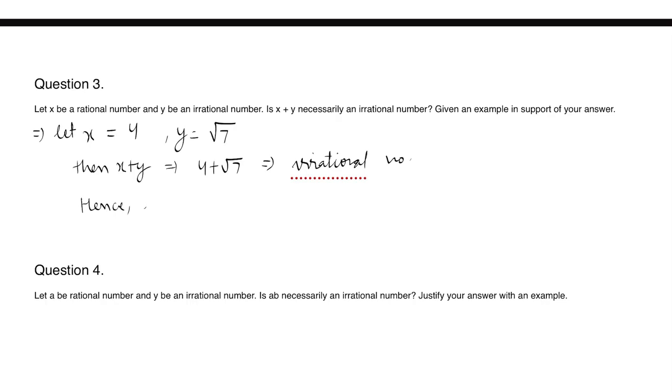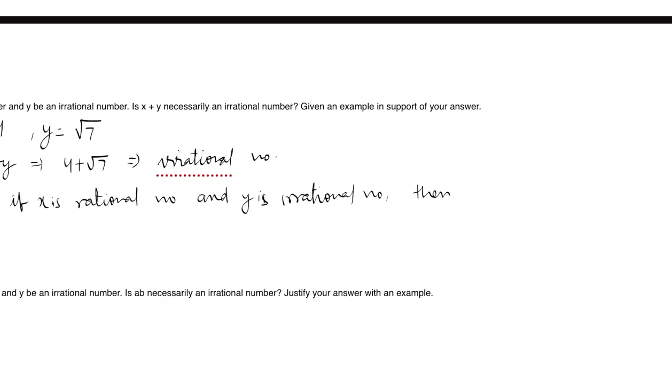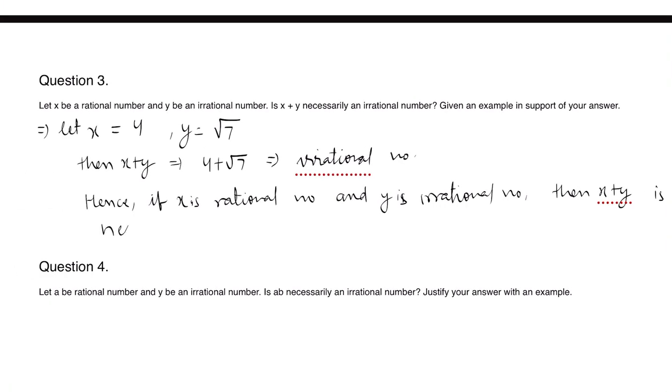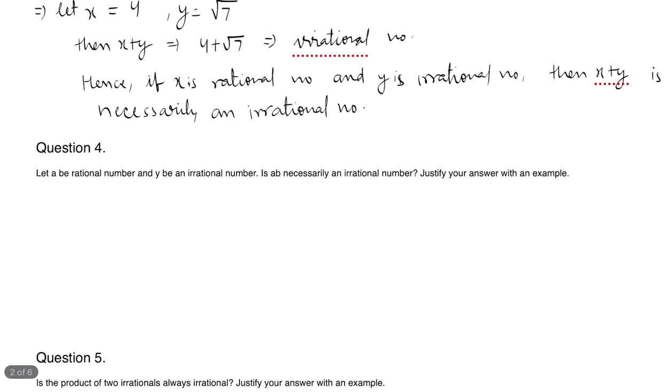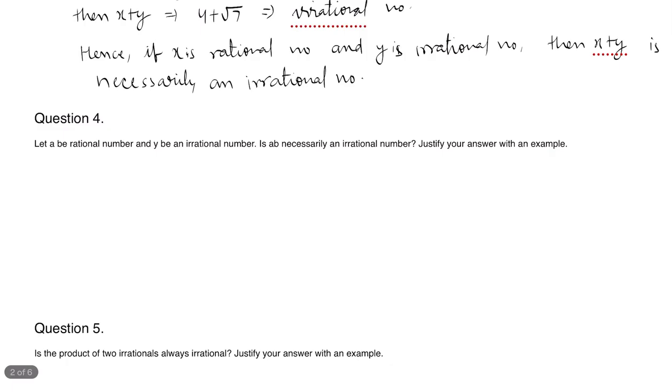Hence, if x is a rational number and y is an irrational number, then x plus y is necessarily an irrational number.